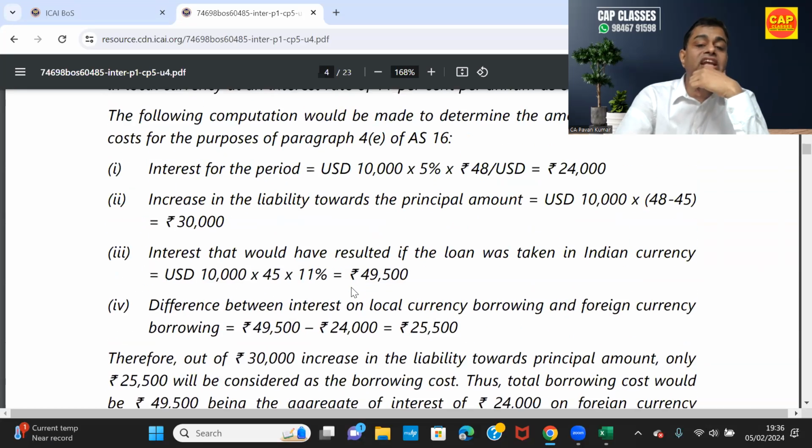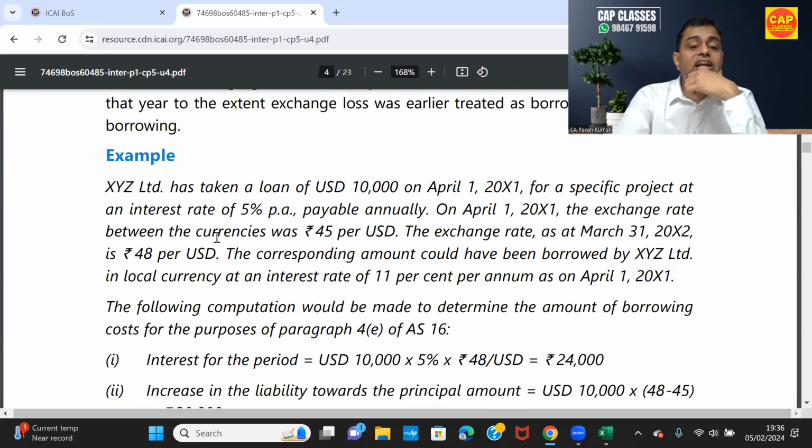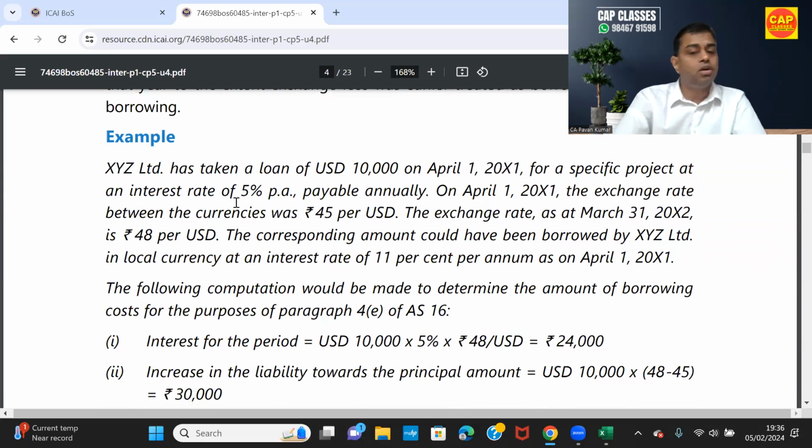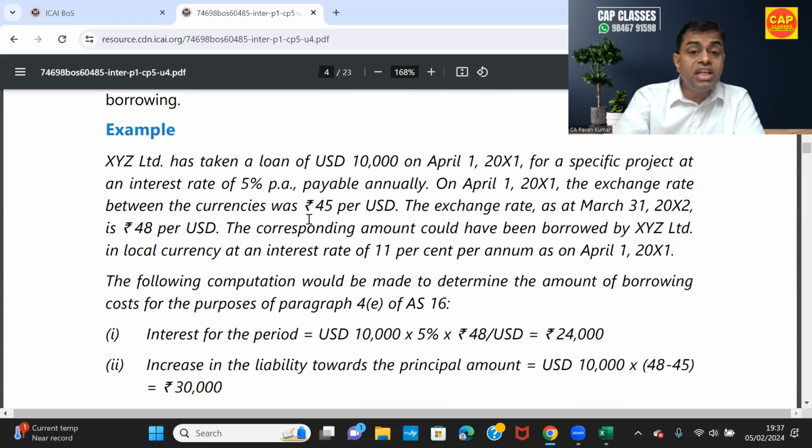So now they have given one example. Look here. XYZ Limited had taken a loan of US 10,000 on April 1 for a specific project at interest of 5%, payable annually. On 1st April, the exchange rate is 45. The exchange rate as on March 31st is 48. That means you lost 3 rupees.